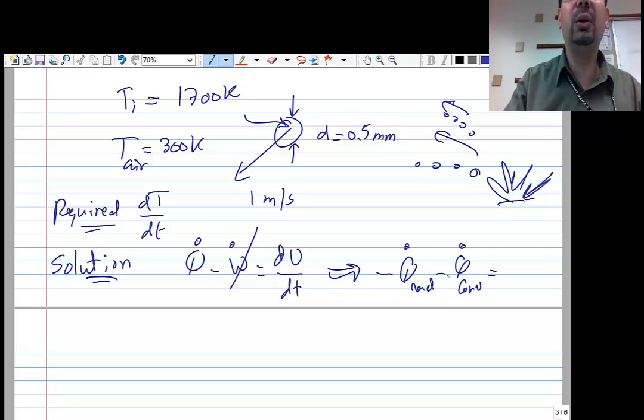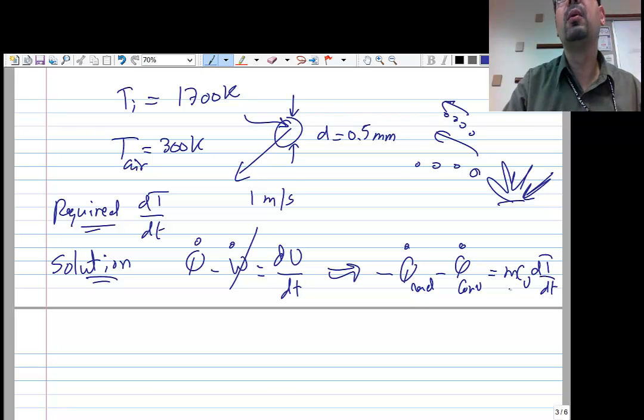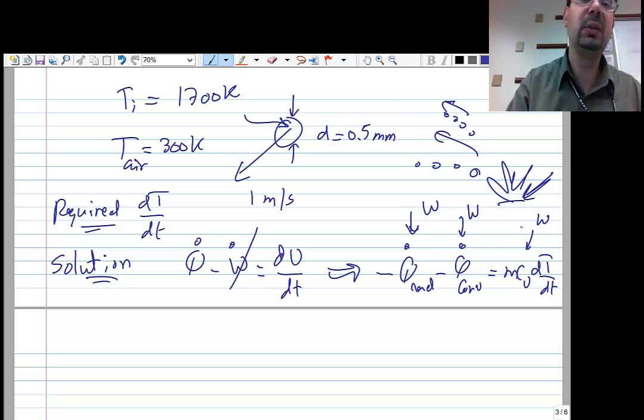I'm sending heat out, and this will be equal to mass times C_V times dT by dt. So this would be in watts, this would be in watts, and now this is also in watts.